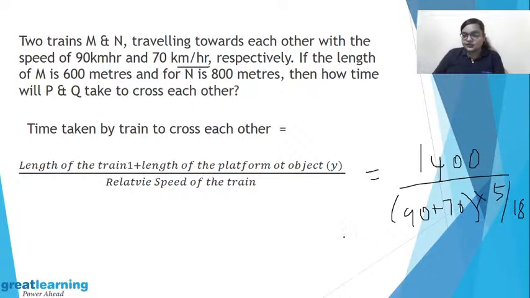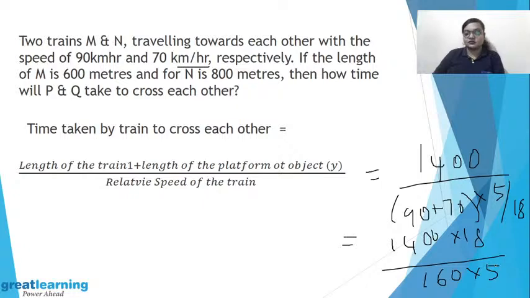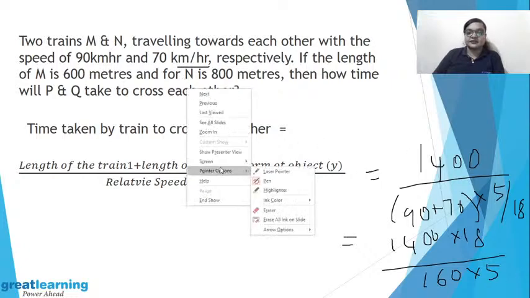So if I do that, 1400 into 18, divided by 160 into 5. Are you getting my point? If we simplify that, we'll get the correct answer.